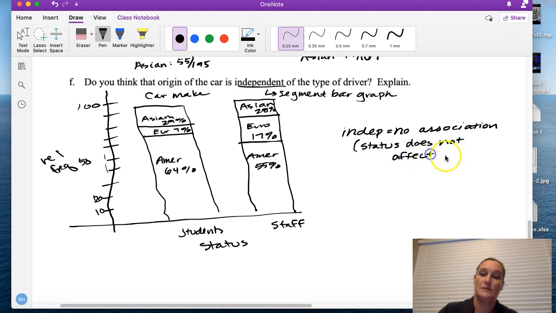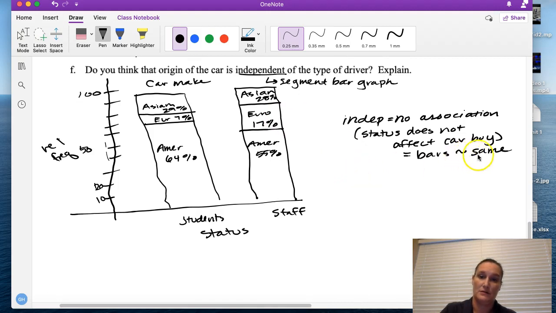So that means the bars should be about the same. All right, they don't have to be exactly the same, but they should be pretty close. Ours aren't. Our European is the biggest difference, and so ours are not independent.